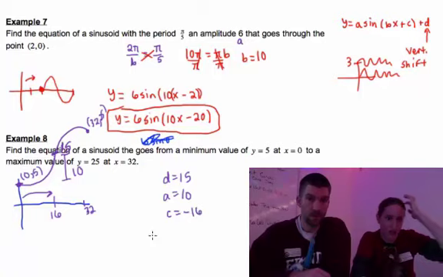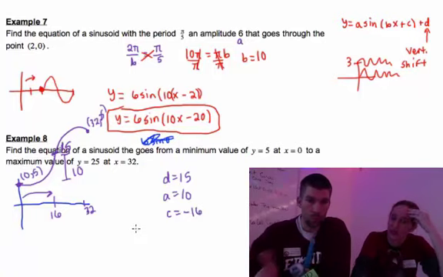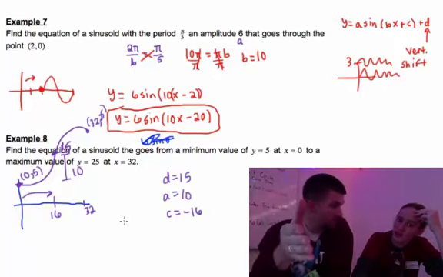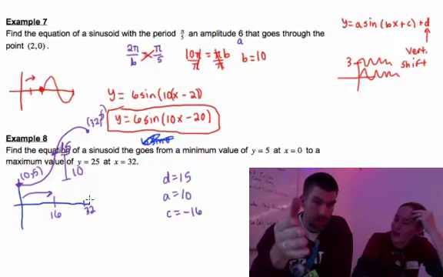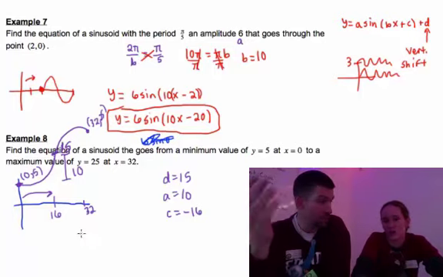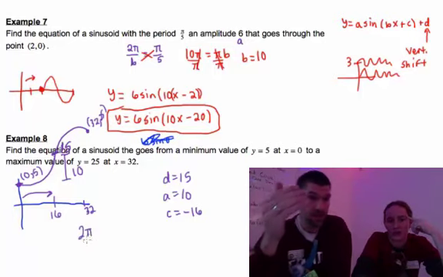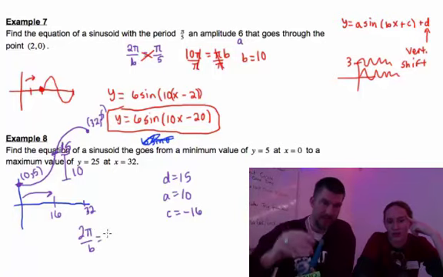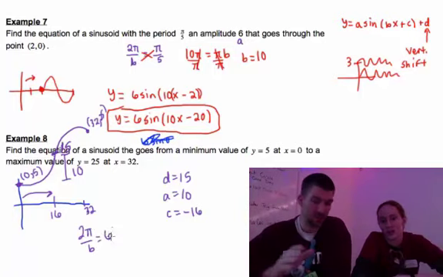The period: we've got half of it right here, and that took us 32 to get half, so 64 should be a whole. So the period, whose formula is 2 pi over B, has to equal 64. We don't have a choice.